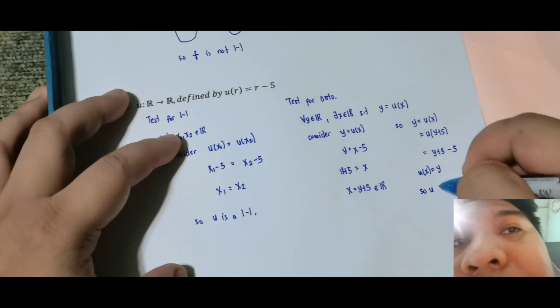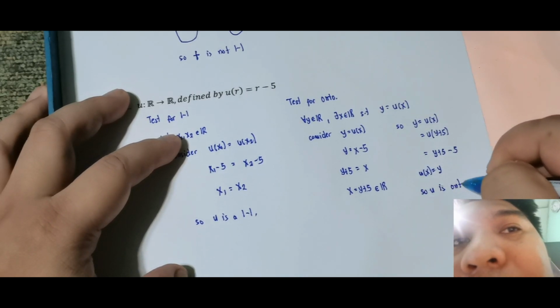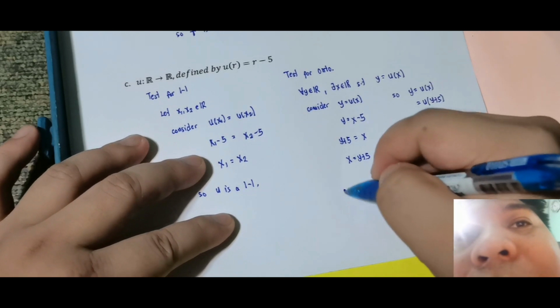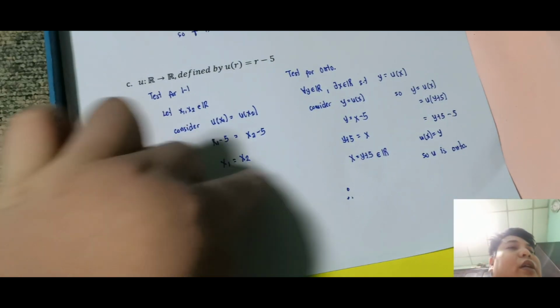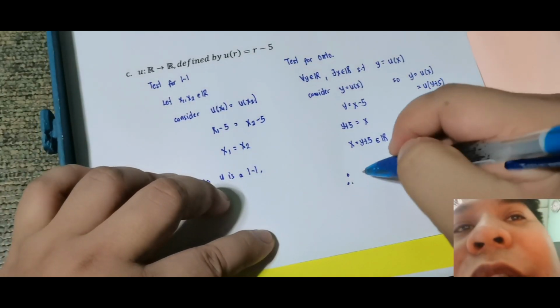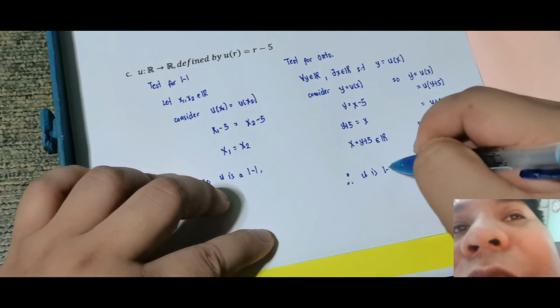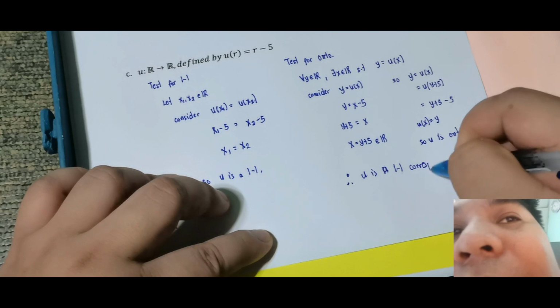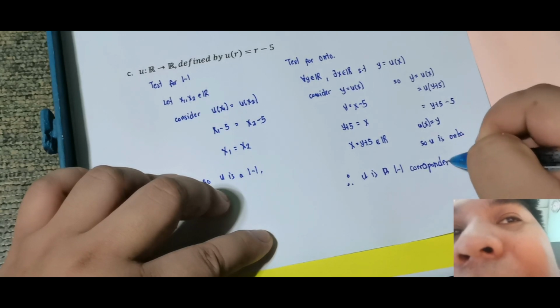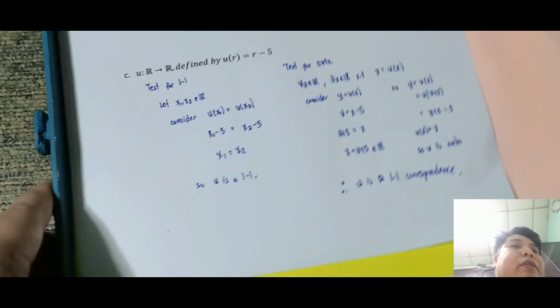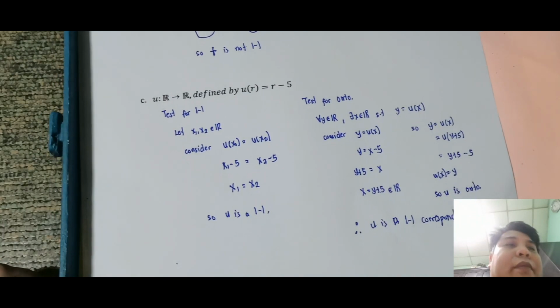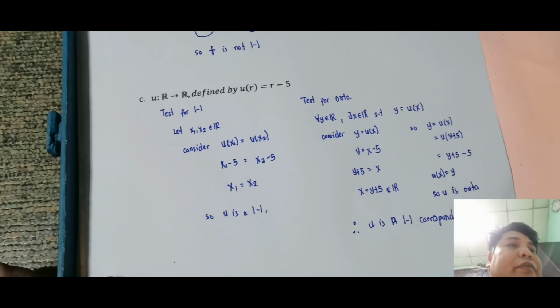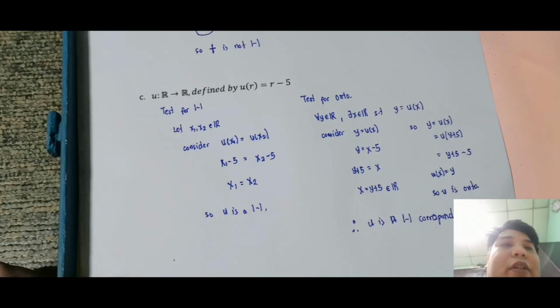So, u is onto. Therefore, since siya ay 1-to-1, siya ay onto, therefore, u is a 1-to-1 correspondence. Okay, so ganun siya kasimple. Proceed pa tayo sa next topic natin, sorry.